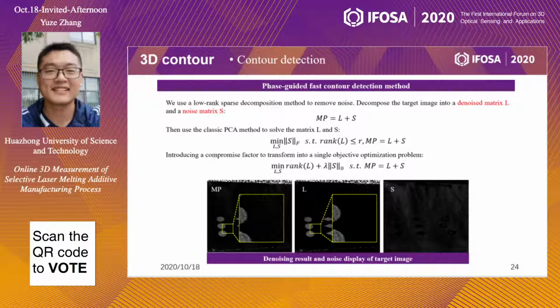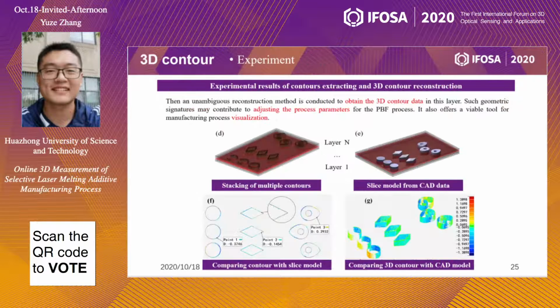Finally, the Sobel operator is used to calculate the gradient of the image. Then use the skeleton extraction algorithm to determine the true contour of the fusion area. Then a reconstruction method is conducted to obtain the 3D contour data in this layer.